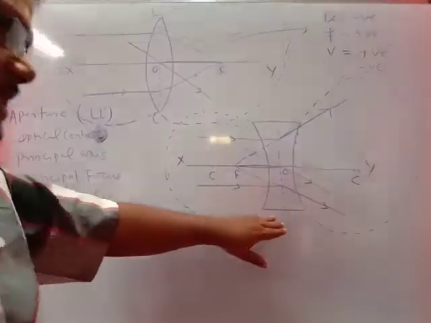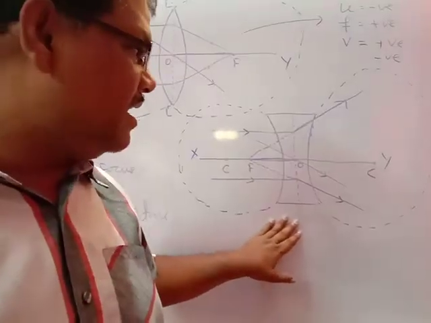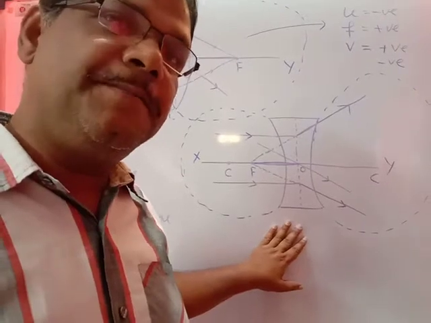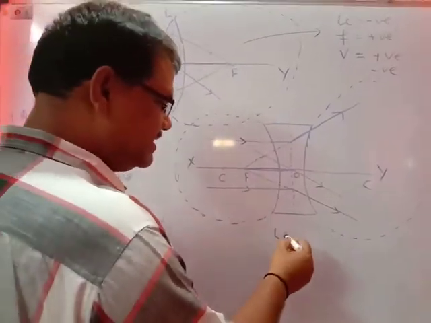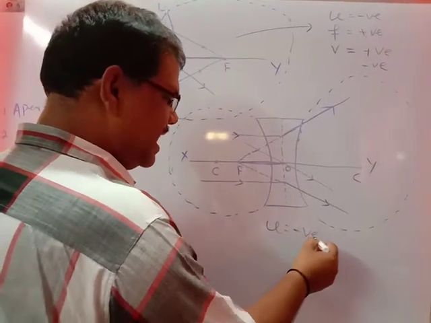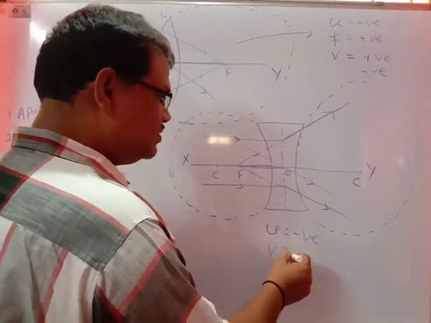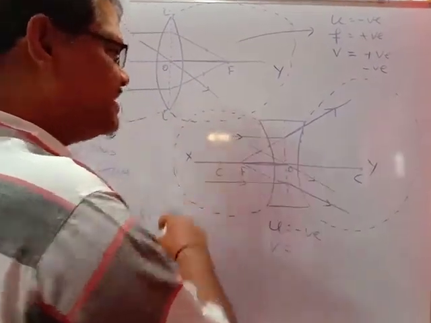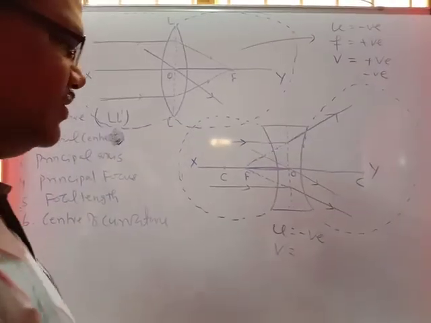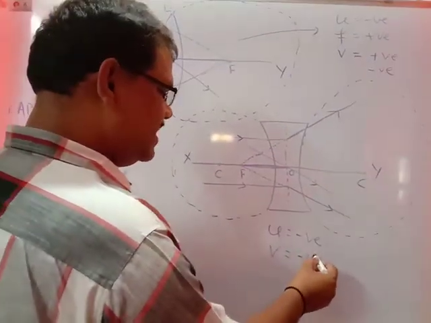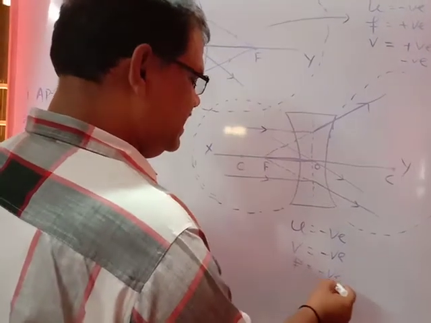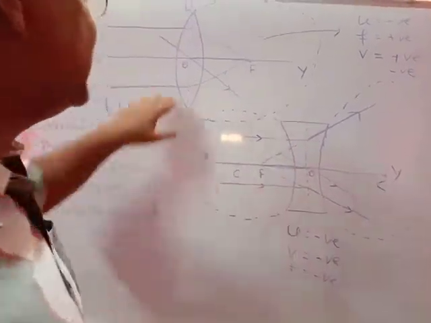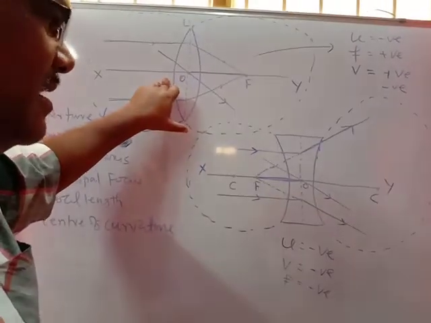But the concave lens always produces a virtual image. So in this case, u will be taken as negative, and v is always produced on the left side of the lens, so it is always negative, and focal length is also negative. In this case focal length is negative, but for the convex lens the focal length is always positive.